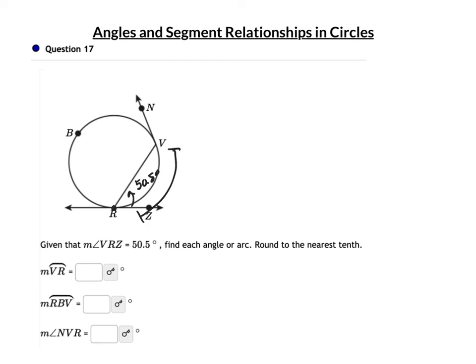So I'll double 50.5 and I get 101 degrees. We can find this major arc right here by subtracting from 360, because the two have to add to 360 and make a full circle. 360 minus 101 is 259 degrees.